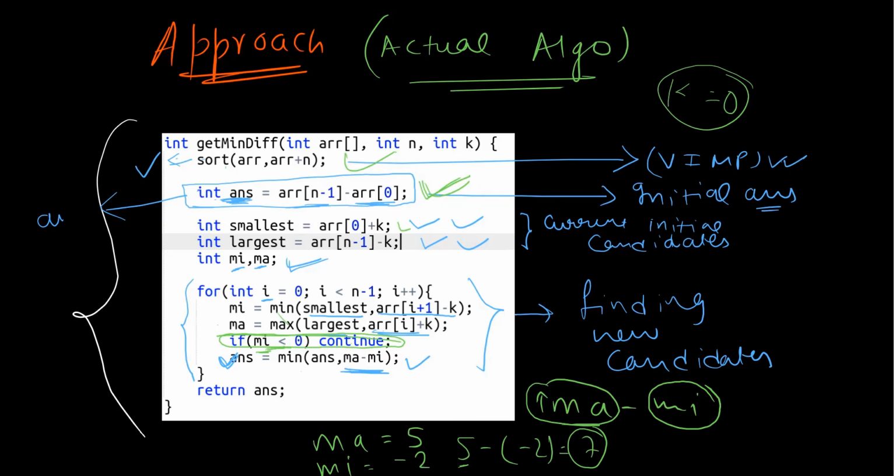Now we took smallest and largest, because after we apply the operation, the smallest tower is going to be the smallest tower plus k, and the largest tower is going to be the largest tower minus k. And why we are doing plus k with the smallest tower, because if there are two towers given to you and we are asked to minimize the difference, it is very obvious, we will simply increase the height of the smaller tower and decrease the height of the larger tower. It is as simple as that.